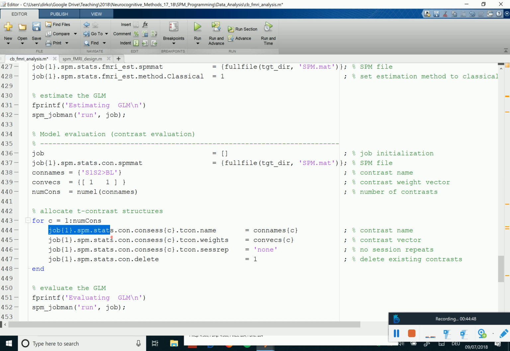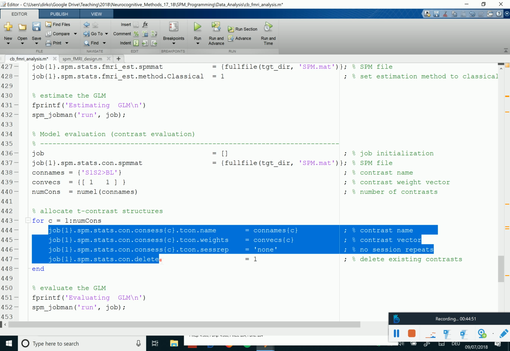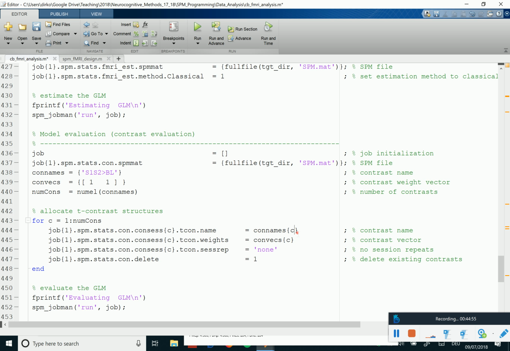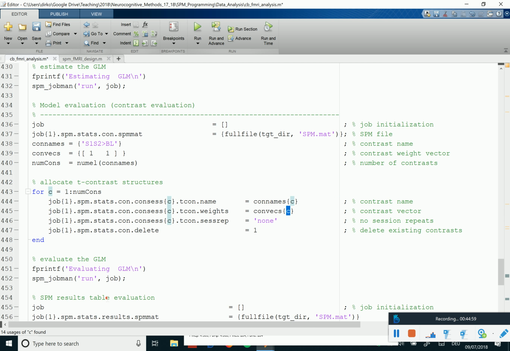And then, similar to the sessions and onsets, for each contrast there's a contrast name and a contrast weight vector, which is then applied and evaluated.